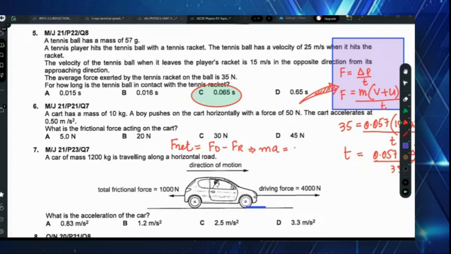F driving is 50 Newton, F resistive is not available, M is 10 kg, and acceleration is 0.5. So 50 minus resistive force equals 10 into 0.5, which is 5. Shifting the resistive force to the other side, the answer is 45 Newton. Is it clear?